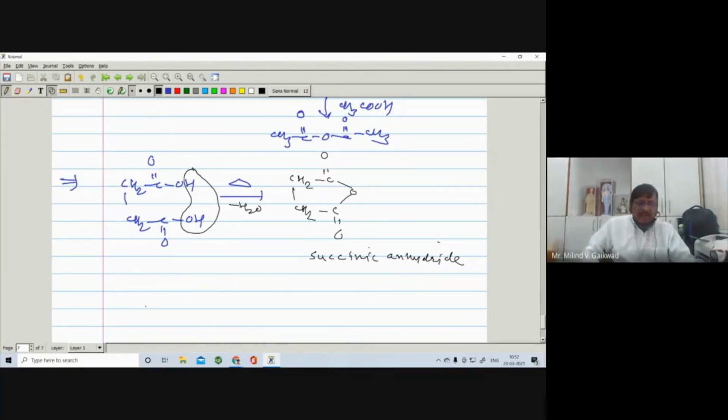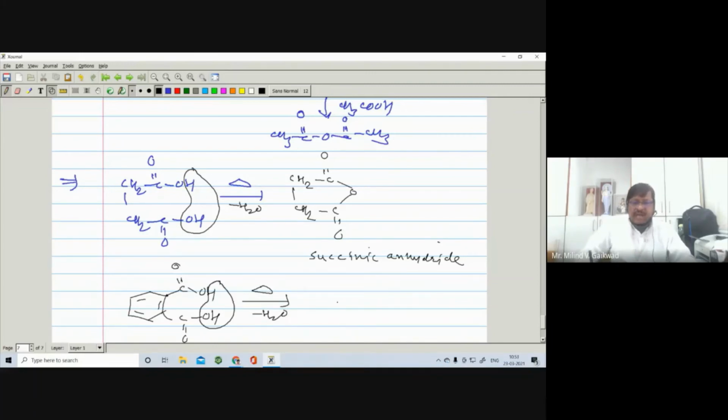Similarly, if you make a ring like this one, benzene, here are pi bonds. Here is a C=O, called a benzoic acid, and again there is a COOH, called a phthalic acid. Phthalic acid, when you heat it, undergoes dehydration, removal of water takes place, and you get the corresponding phthalic anhydride.